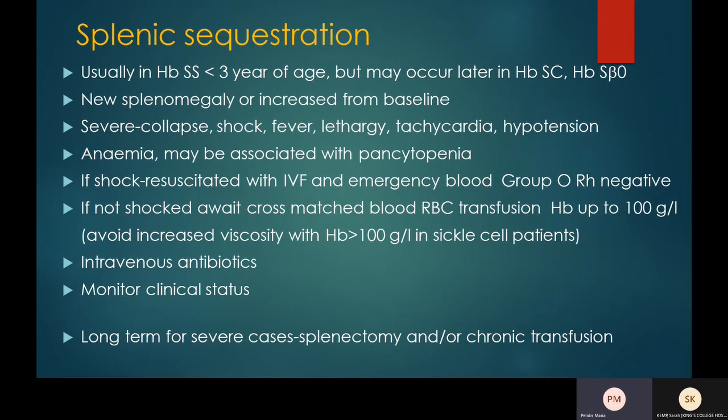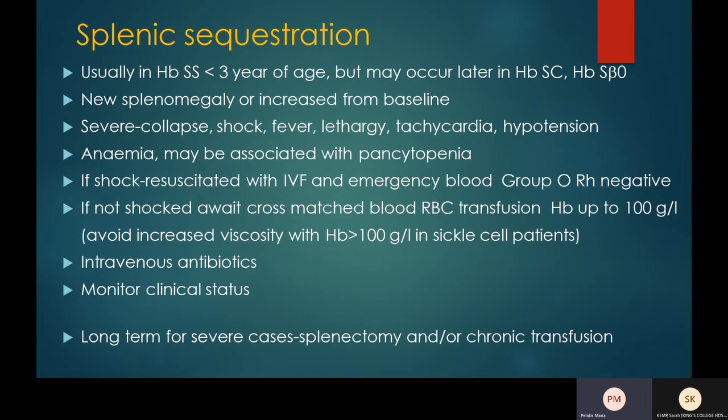Now, splenic sequestration usually occurs in very young children, less than 3 years of age, with homozygous sickle cell disease, but may occur later in children with hemoglobin SC, S beta 0 thal, or those who are on regular red cell transfusions, and is noted as a new splenomegaly or an increased splenomegaly if they have splenomegaly at baseline.